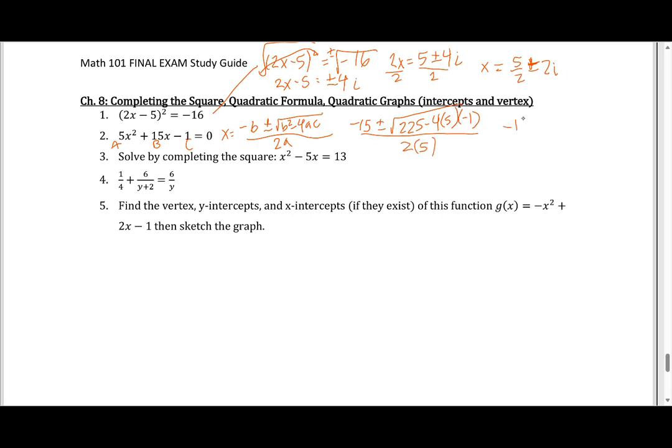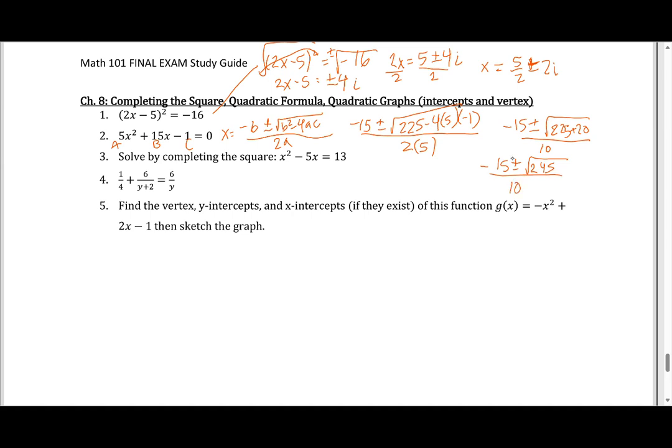Now from here we're just simplifying. Negative 15 plus or minus square root of 225, and then that 4 and negative 1 and 5 become plus 20 over 10. So I'm at negative 15 plus or minus the square root of 245 all over 10.